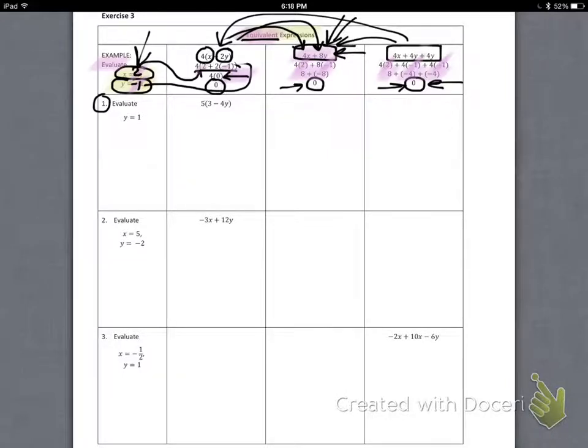Okay, so number 1, what they're giving you now is your first expression, which is this right here, and that is again a number, an integer outside of a parenthetical expression. We are going to evaluate this expression using only one variable, which is nice, which is y equals 1. So wherever you see y, you're going to plug in 1.